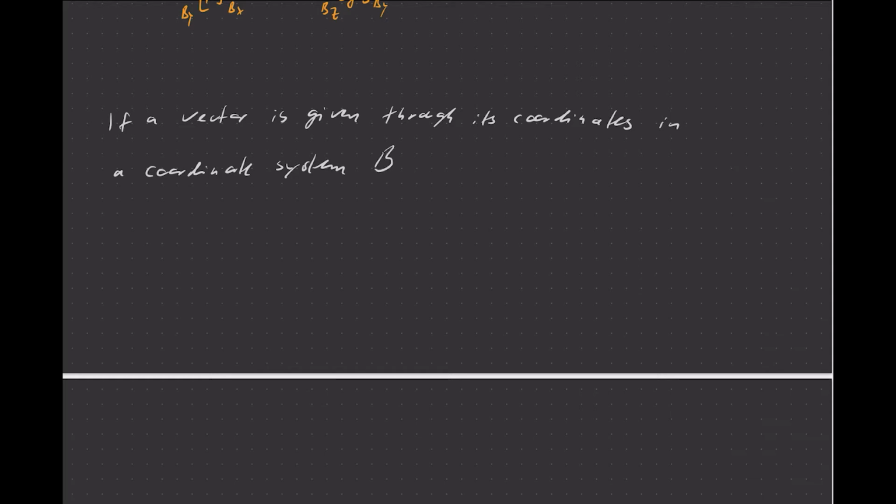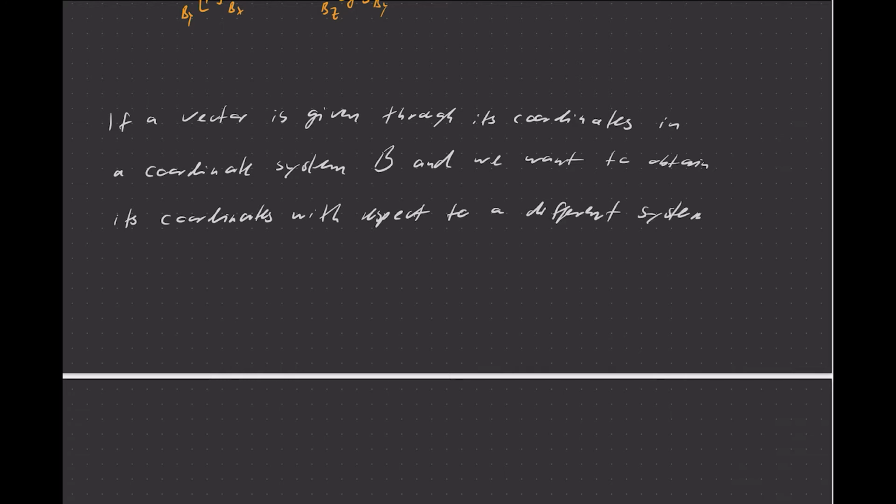Let's say we have a vector given through its coordinates in some coordinate system, let's call that B. And we want to obtain its coordinates with respect to a different system we call B bar.